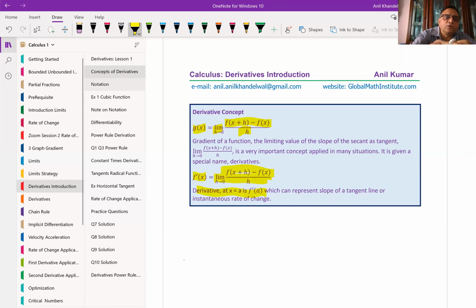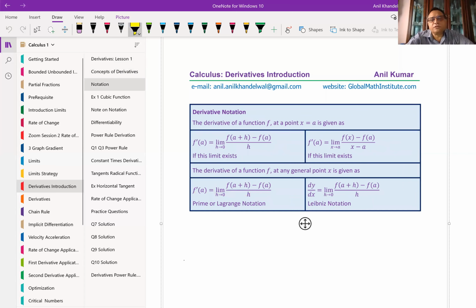Now let's talk about two very popular notations which you will find in most of the books. There are two things which I'd like to mention here. First, we are saying derivative at a point, and the second thing which we talk about is derivative in general for the function. So when I write a, that means we're talking about a point where x is equal to a. But if I don't write a, that means it is x.